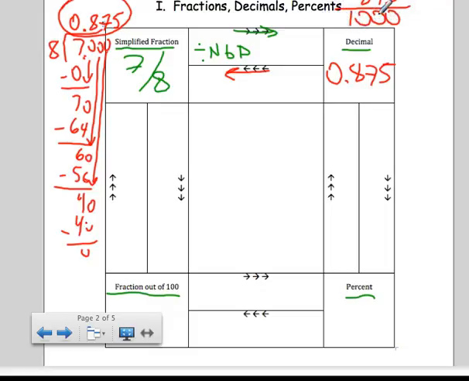If I simplified that fraction, it would take me several steps to do it if I didn't know what the greatest common factor was. I would be able to simplify this fraction to 7/8. So, in a sentence, to go from the decimal to the simplified fraction, the very first thing I did was say 875 thousandths, and second, simplify.